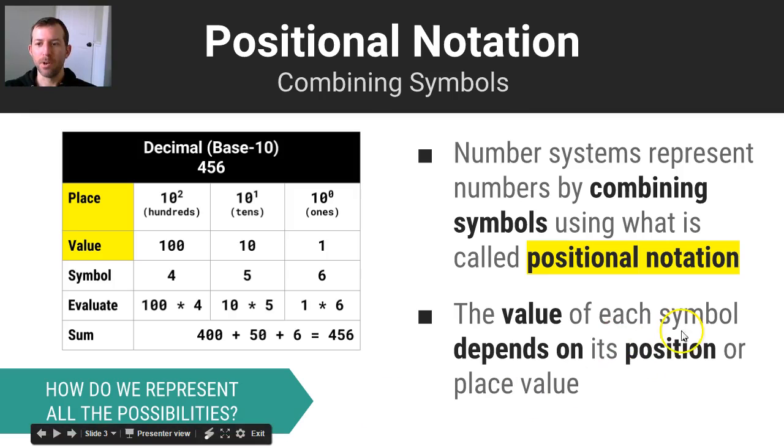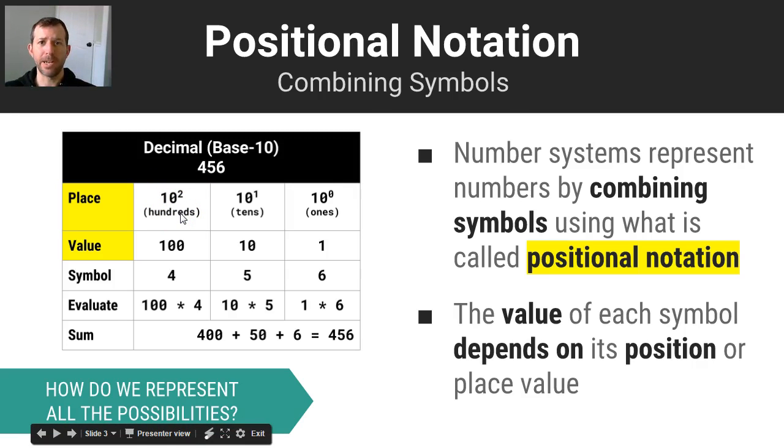The value of each symbol depends upon its position and the base of the number system. So we get the ones place by virtue of the fact that 10 to the 0 is 1. We get the tens place by virtue of the fact that 10 to the 1 is 10, because anything raised to the 1 is itself. And we get the hundreds place by virtue of 10 raised to the 2 equals 100.